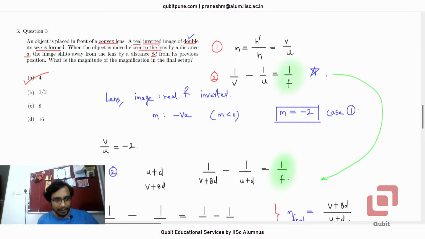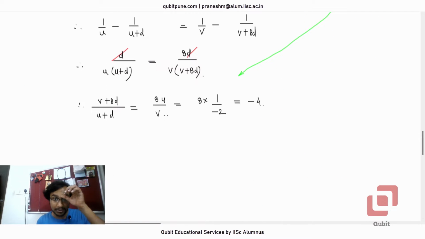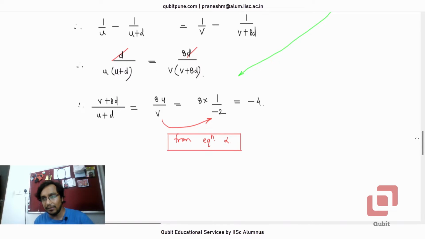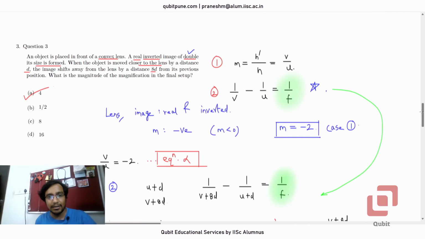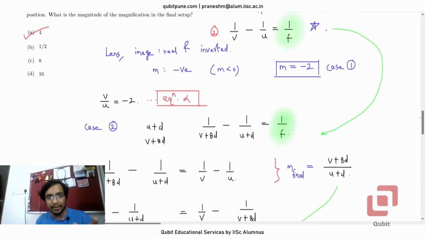Let me call this equation alpha, and this substitution of U by V as 1 upon negative 2 is from equation alpha, so that when you refer to the textual solution, you immediately understand how that negative 2 has come.